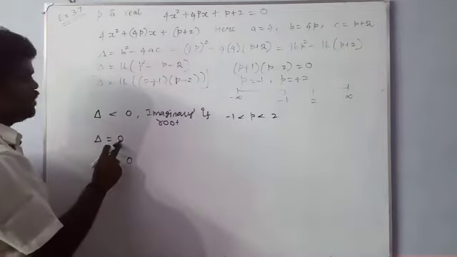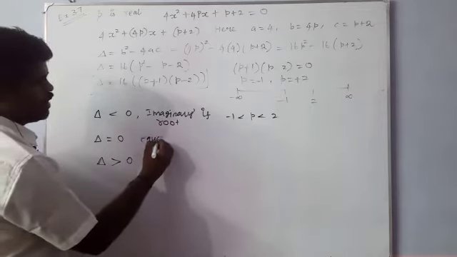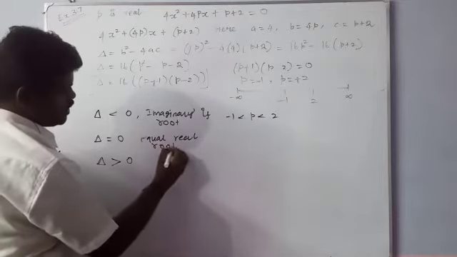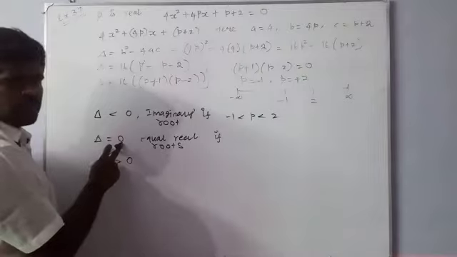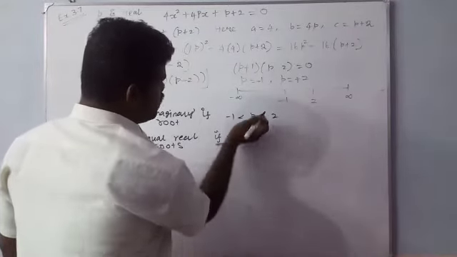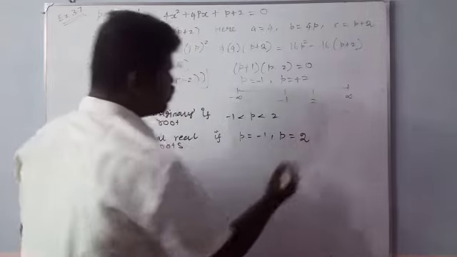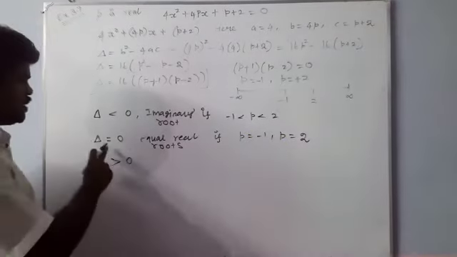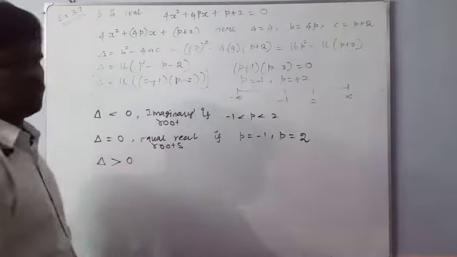So delta equal to 0 means equal real roots, where both roots are equal. So equal real roots if p equal to minus 1, p equal to plus 2. If p equal to minus 1 and p equal to 2, the delta value is 0, and the nature of the roots is equal real roots.